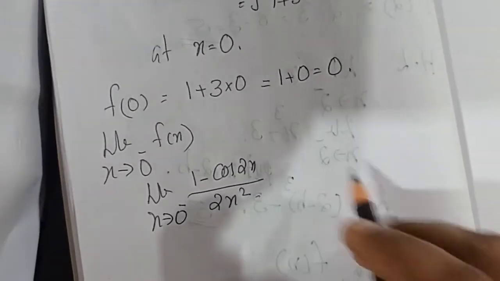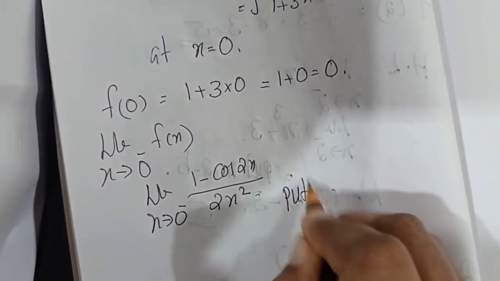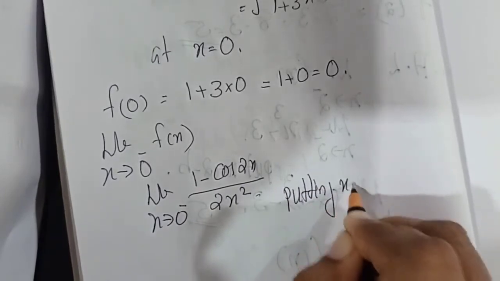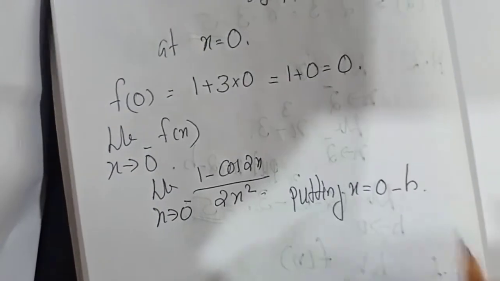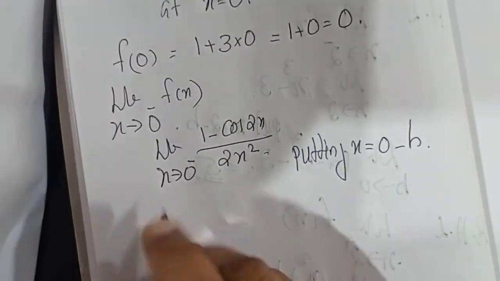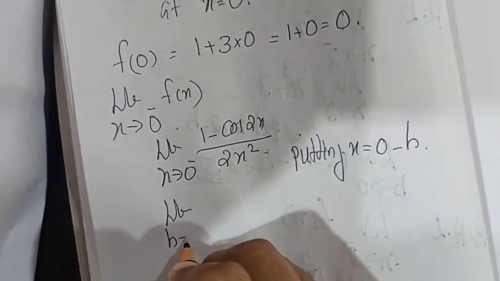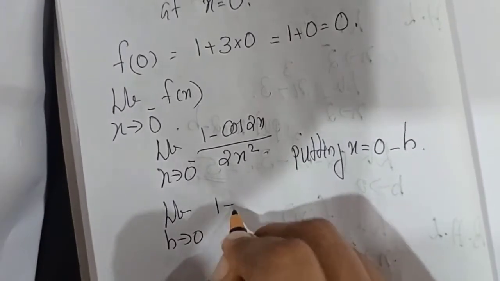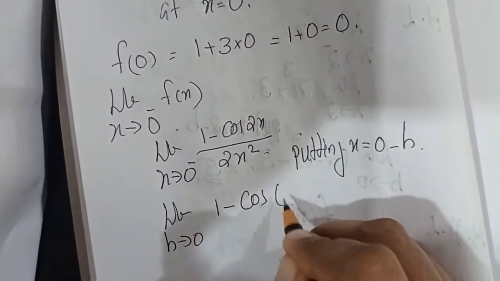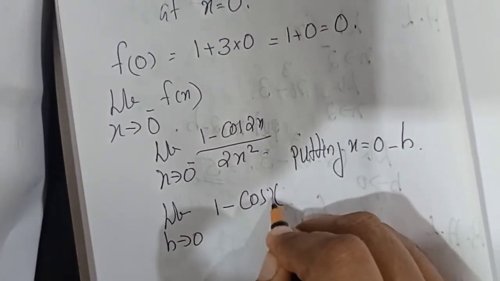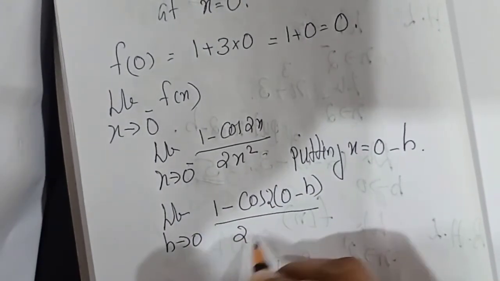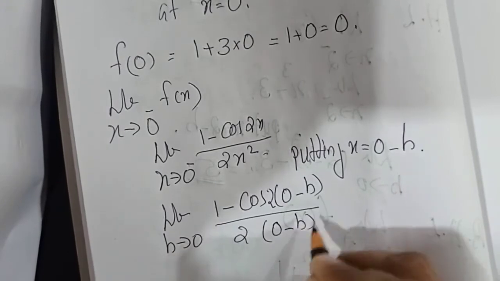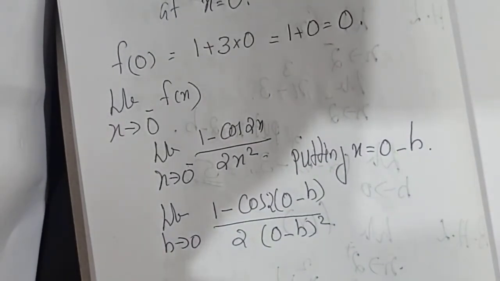Now putting x is equal to 0 minus h, limit h tends to 0 (1 minus cos 2 into (0 minus h)) by 2 into (0 minus h) the whole square.